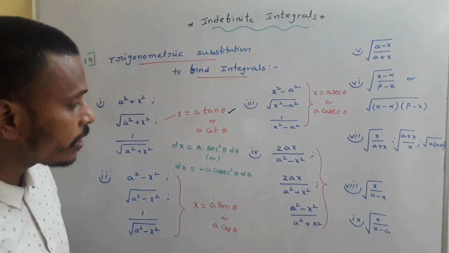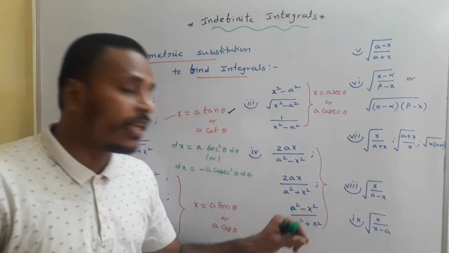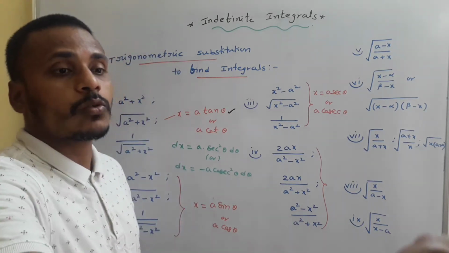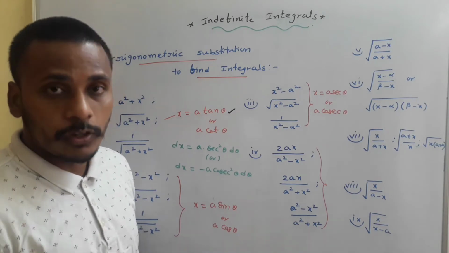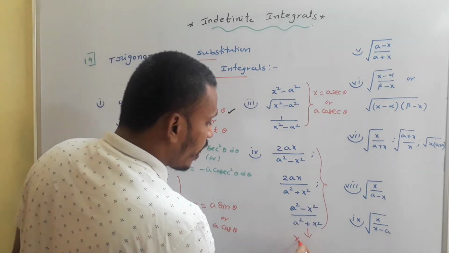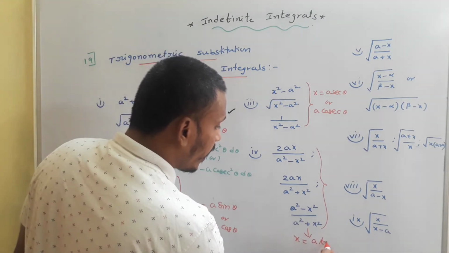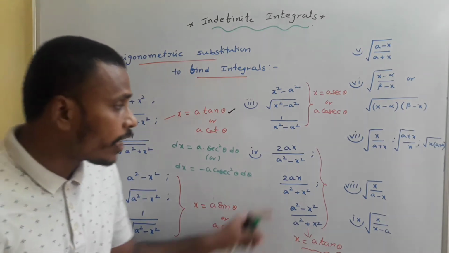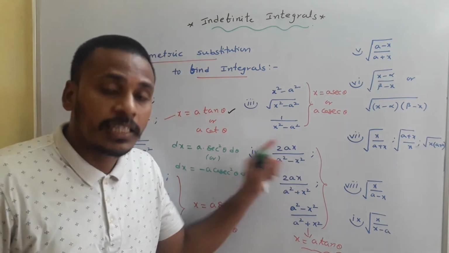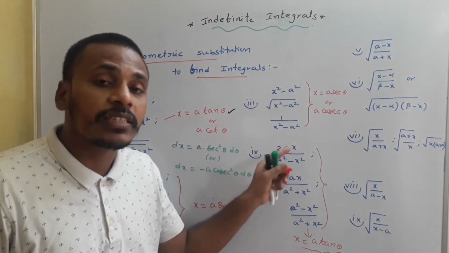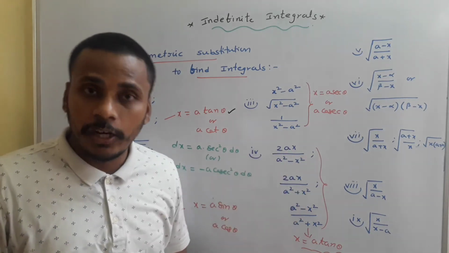On the next set, what is the next set? 2ax by a square minus x square, 2ax by a square plus x square, a square minus x square by a square plus x square. You just have a look. For these types of problems it is better to take x equals a tan theta. If you replace x as a tan theta here, then it becomes 2 tan theta by 1 minus tan square theta, which is tan 2 theta.